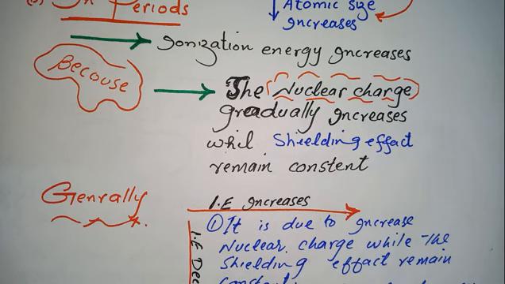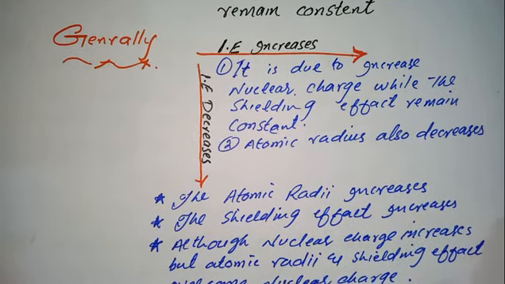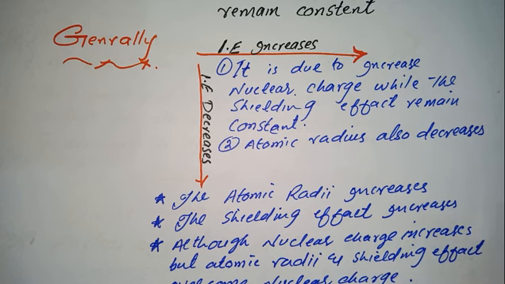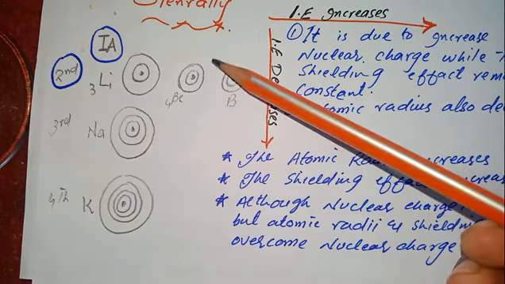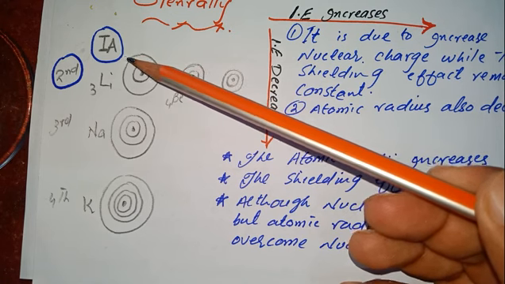The reason why ionization energy decreases in groups: we know that as we move from top to bottom in a particular group of the periodic table, the number of electrons and the number of electronic shells gradually increase. Now, first of all, we discuss the ionization energy in groups.